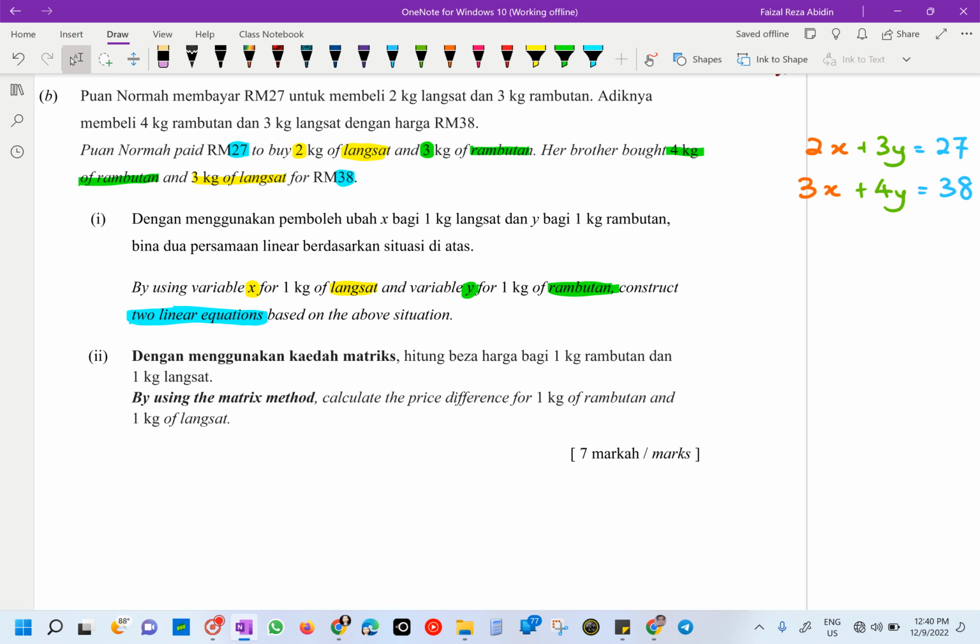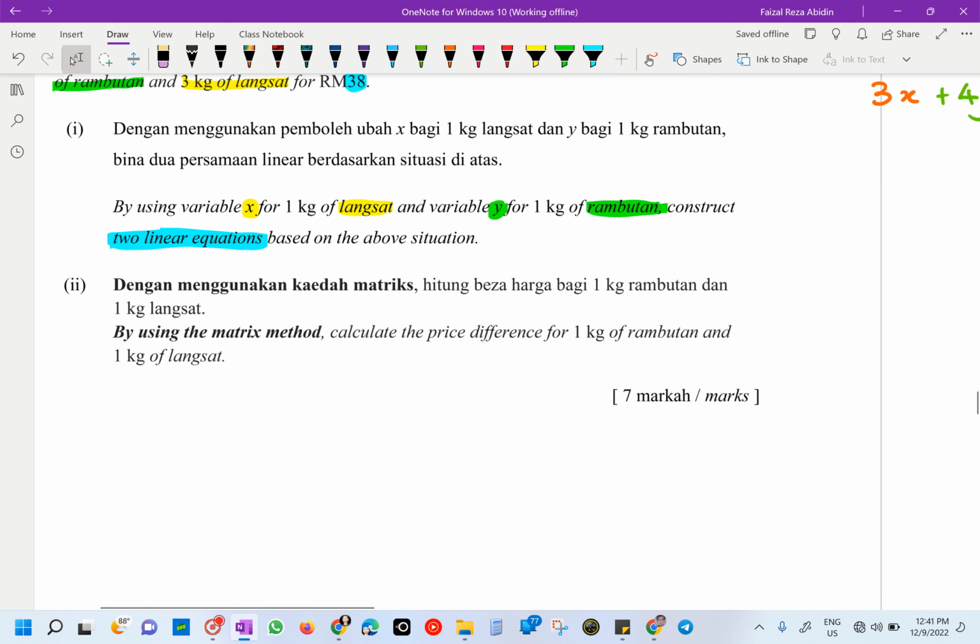By not using. So yang ni dia kata by using. Faham tak? By not using, you can use substitution or elimination or graph method. Of course, graph method siapa pun tak suka. Betul. Okay. So for this one, you are using matrix method.